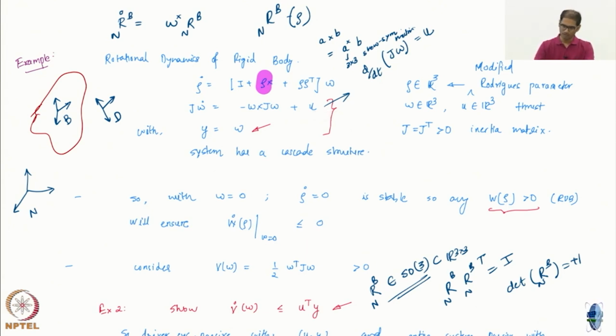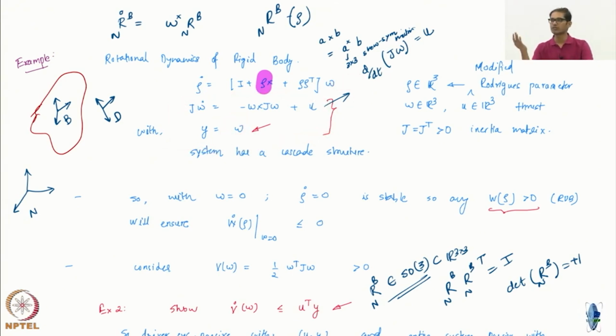Feedback passivity and passivity are more or less identical, because if you apply a feedback, you get a new control with which you can get passivity. So you had this passive system with output omega, and this output is driving this kinematics.